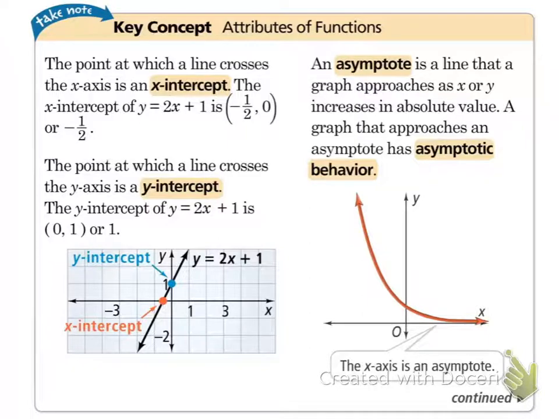Asymptote is a line that the graph approaches but does not cross. It will never cross nor touch that asymptote. Asymptotic behavior is the trend towards that asymptote.